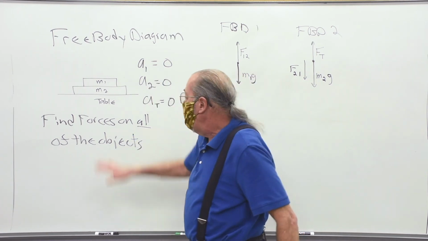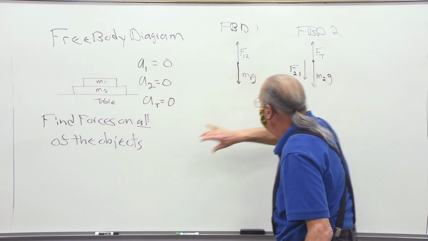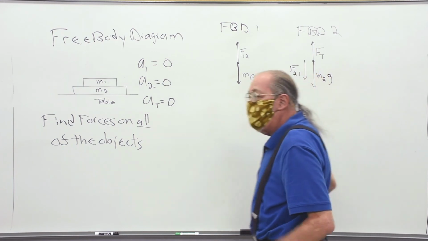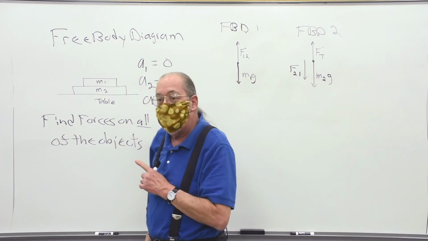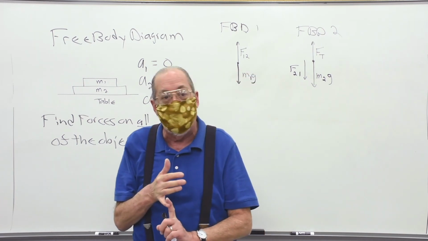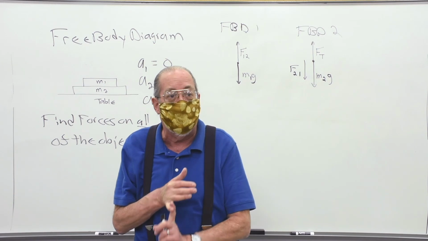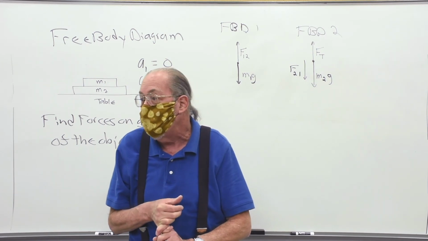So the procedure is draw the diagrams, label things, make a drawing, draw the free body diagrams, then use the free body diagrams to apply Newton's second and third law of motion to each object to hopefully get a set of equations that you can solve.